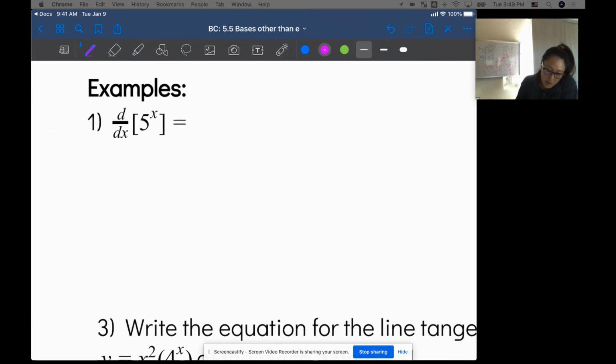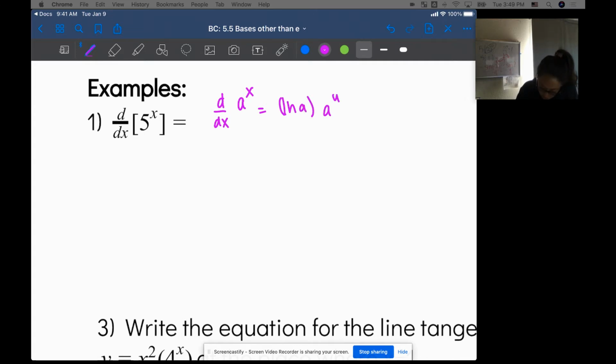So I have d dx of 5 to the x, and I really don't expect you to make the proof every time. What I need to remember is that d dx of a to the u is equal to the ln of a times a to the u times du dx. Okay, my u is x, so the derivative of x is just going to be 1.